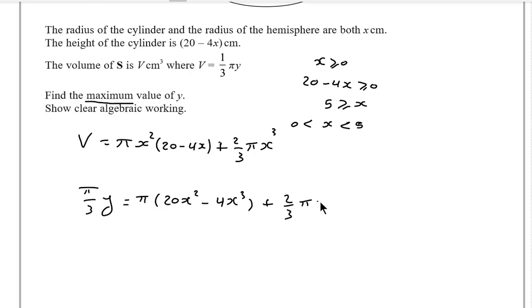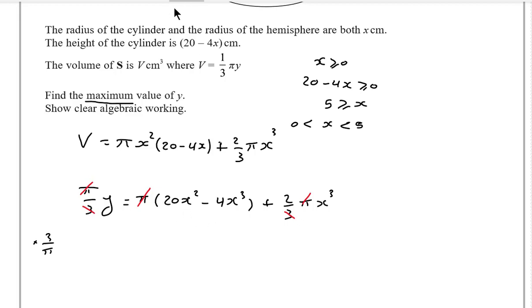To simplify it, I will multiply by 3 and divide by pi, okay? By this way, we can cancel all the pi here, okay? All the pi here will be cancelled. And I will multiply by 3, so this 3 will be cancelled, and this 3 will be cancelled. And I will multiply these two terms only by 3.